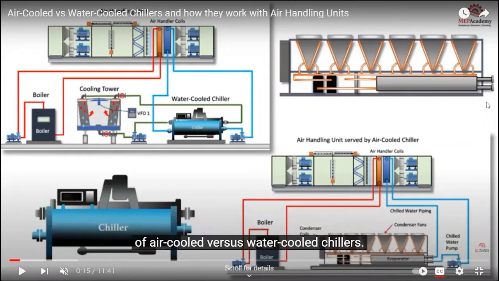This is the air handling unit, the same air handling unit, with a heating coil and a cooling coil. For the heating coil we use the same boiler, so this boiler and this boiler are the same. We go from the basement to the heating coil, and then we return to the boiler again.